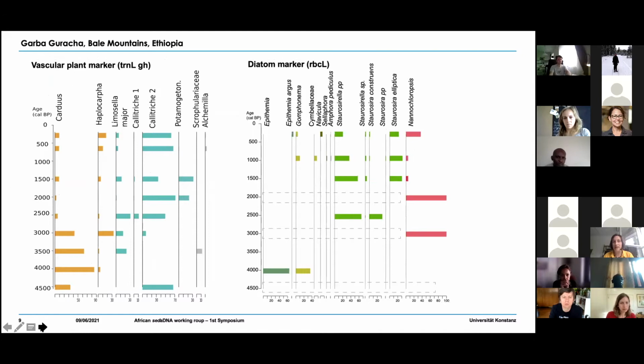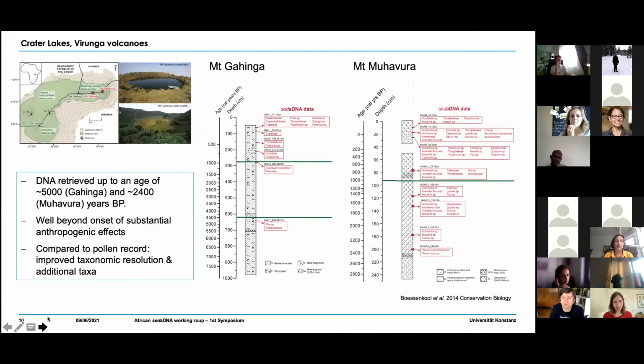And as you see here, I looked at plants, and this is all metabarcoding data now, because that was, of course, for the initial screening, the easiest to collect, and also for diatoms, also metabarcoding. And here it turned out that the diatoms, again, were harder to get, even though they're aquatic organisms, than the vascular plants. So vascular plants there worked fine until 4,500 years before present.